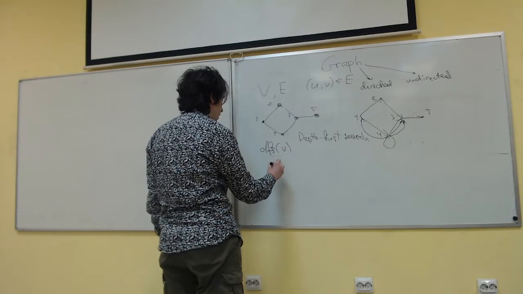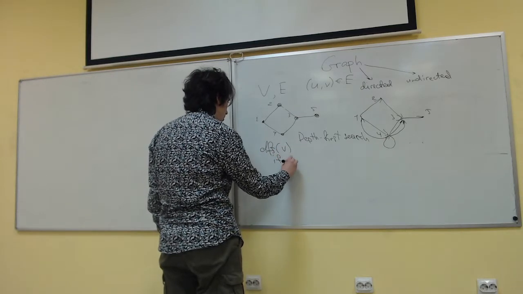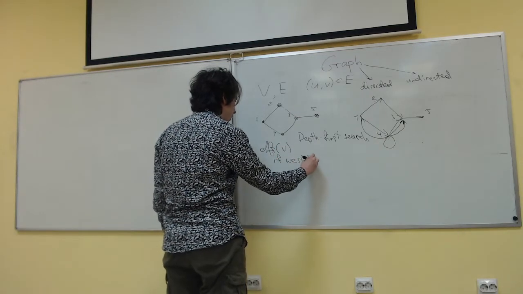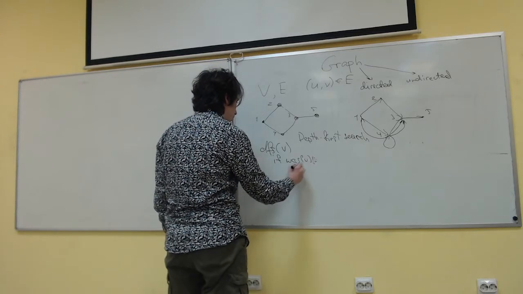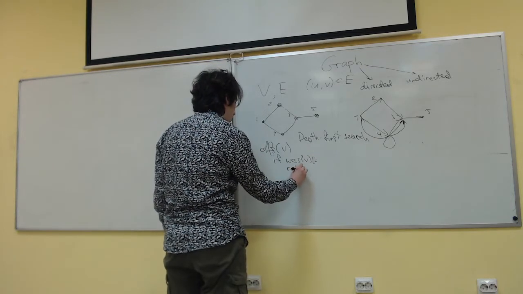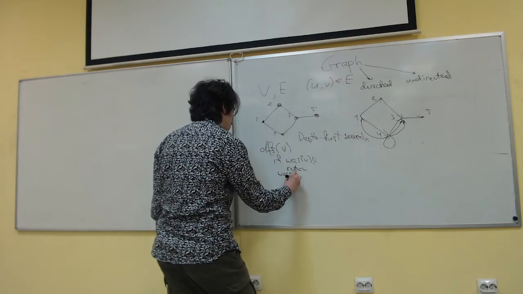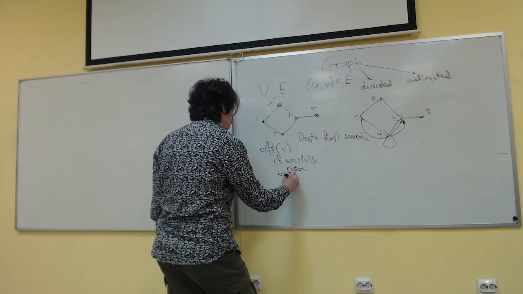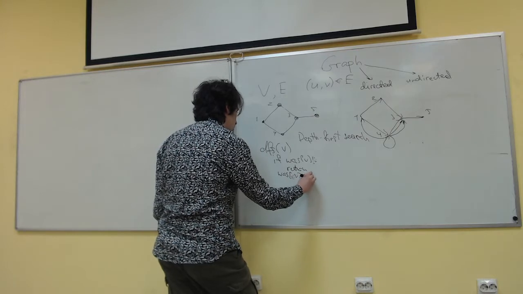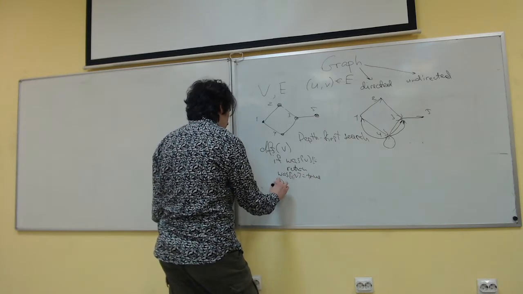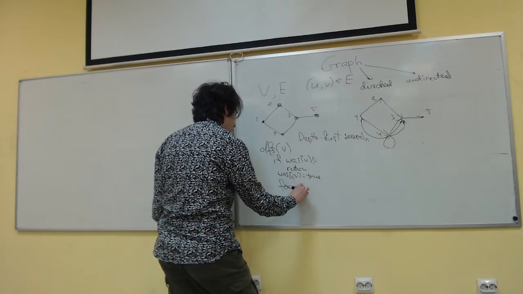DFS of V: if was of V, then return, then set was V equals to true, and then go over all their edges.